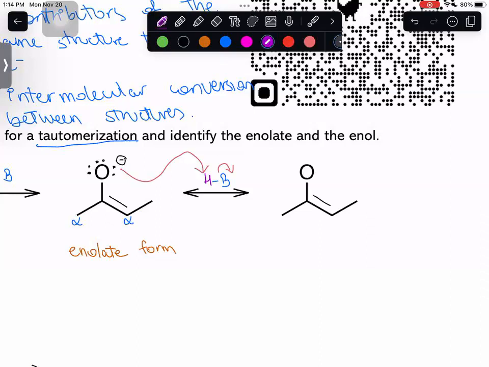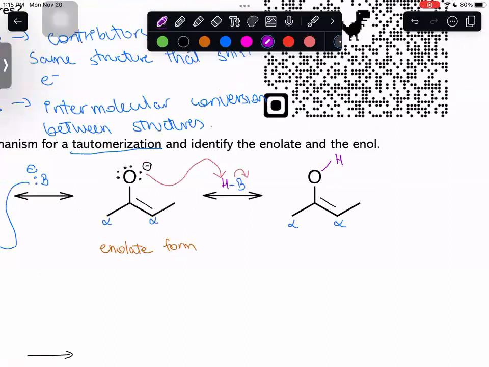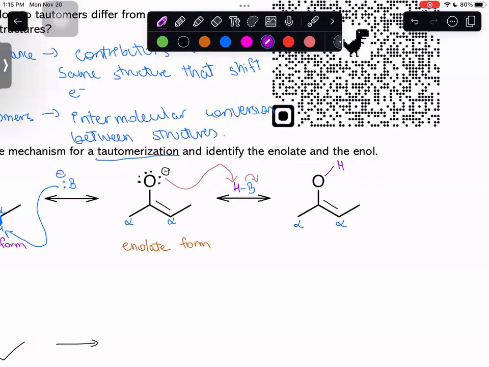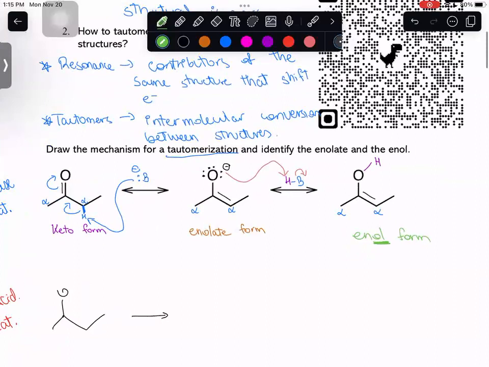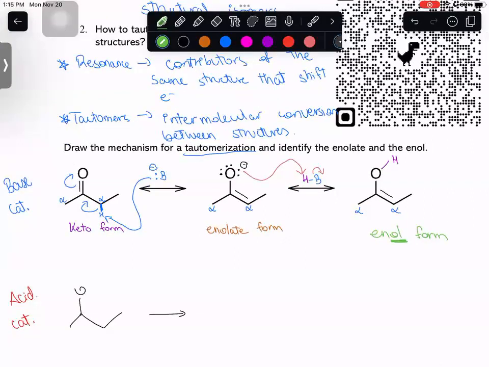So we end up with this guy. Now, because we have an alcohol group, this guy is going to be called your enol form. Remember that's an alcohol group. So it's very simple in a way. Now, main takeaway is that your base catalyst creates both the enolate and the enol form.